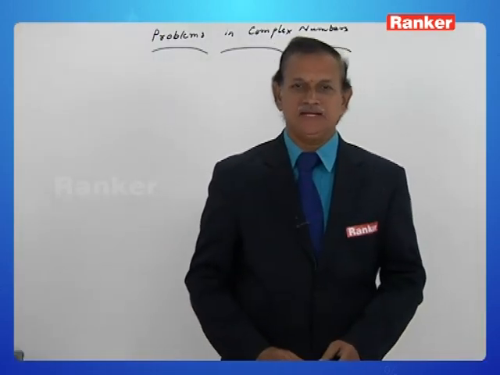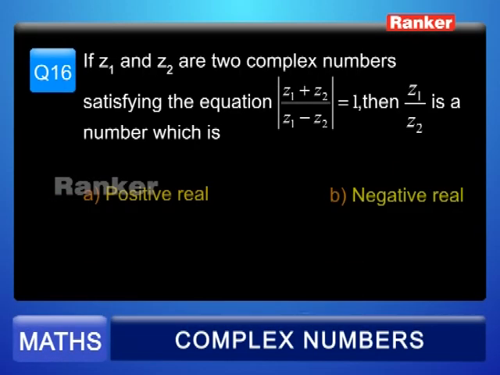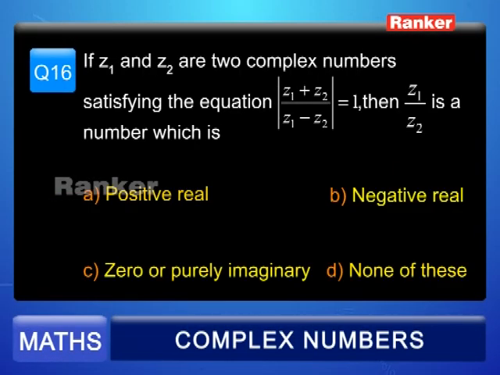Let us turn our head towards the next question, question number 16. If z1 and z2 are two complex numbers satisfying the equation mod of (z1 plus z2) by (z1 minus z2) is equal to 1, then z1 by z2 is a number which is: first option, positive real; second option, negative real; third option, either 0 or purely imaginary; fourth, none of them.